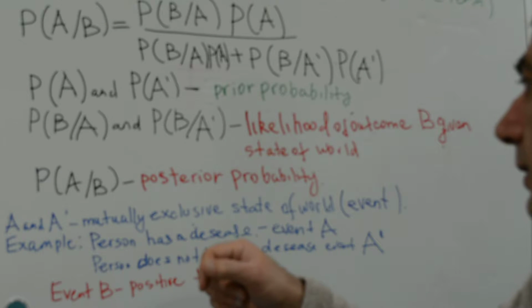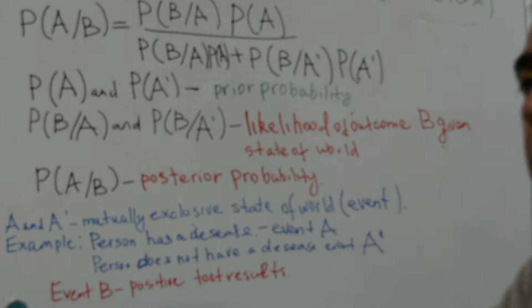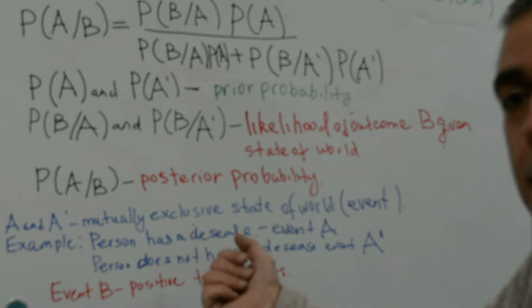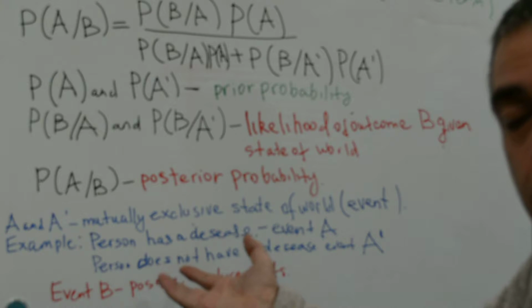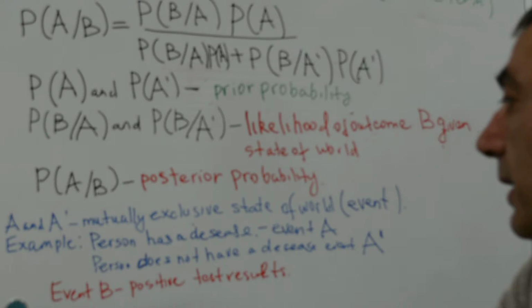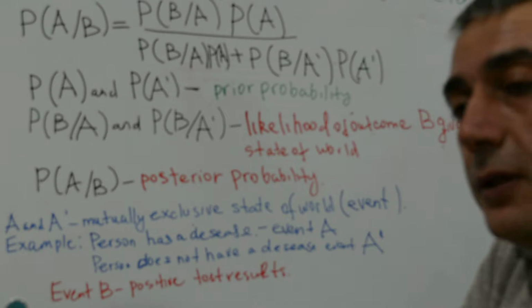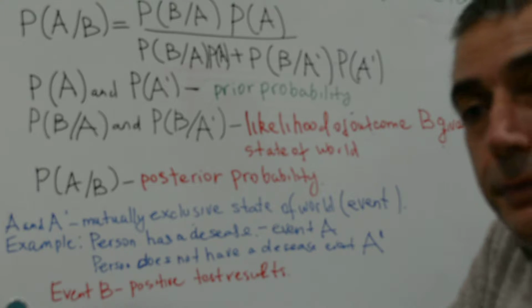So let's imagine we have two mutually exclusive events. A person has a disease and a person doesn't have a disease. So those are two mutually exclusive events. And how do we determine whether a person has a disease or not?